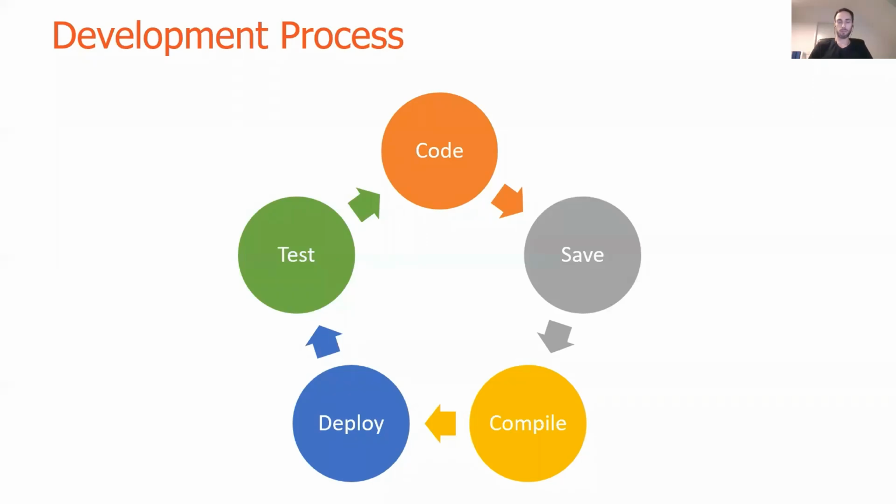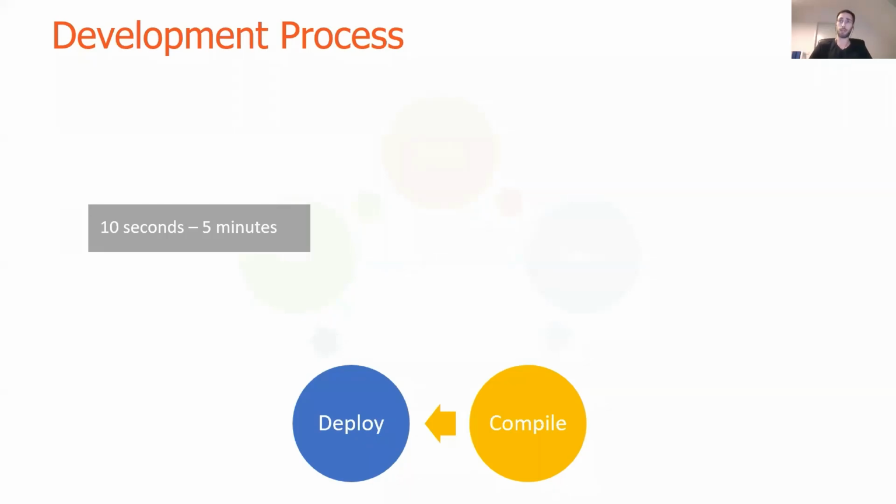On desktop, if you have a fairly small application with Qt, it takes maybe 10 seconds. Bigger applications and more changes might take a minute or 2. A minute is actually the minimum that you can get when you deploy your application to mobile. It can be up to 5 or even 10 minutes if you have a lot of assets in there.